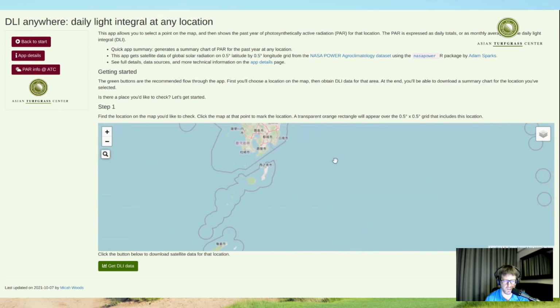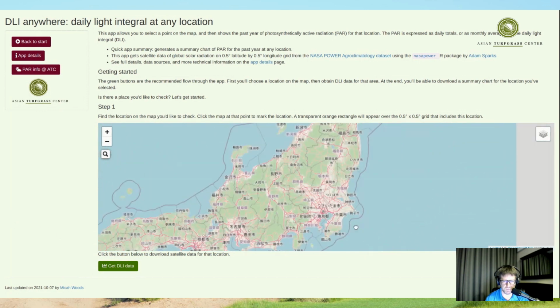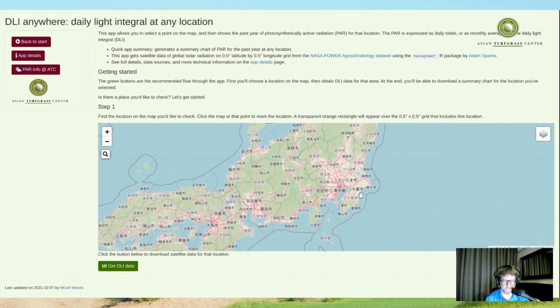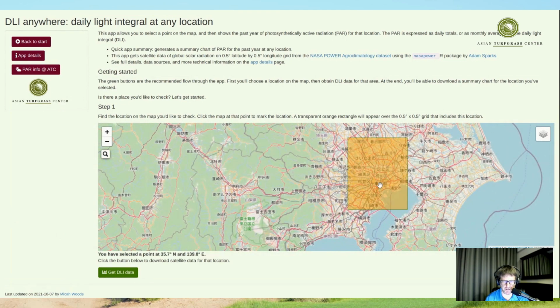If we go up to Tokyo, what you have to do to use this app is click on a location and it'll form a little highlighted rectangle. That's the area where the satellite data will be coming from, where we'll look at the DLI. So it's 35.7 north, 139.8 degrees east longitude.